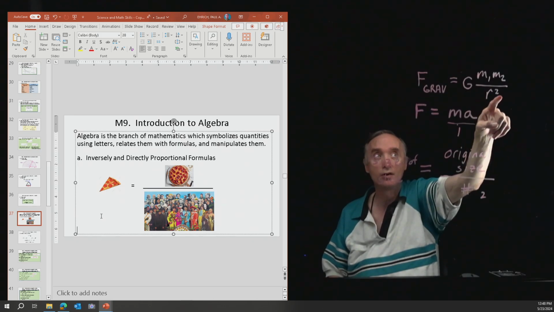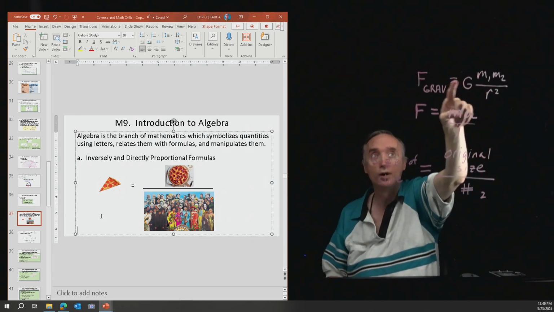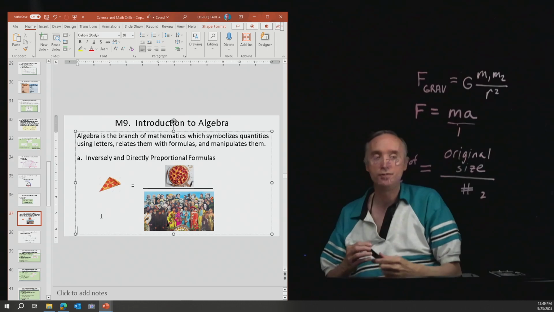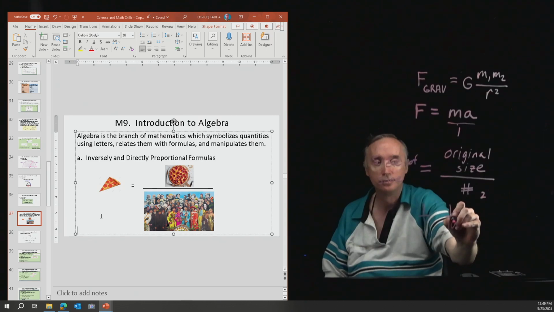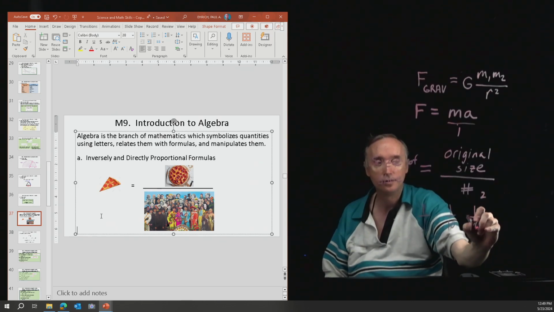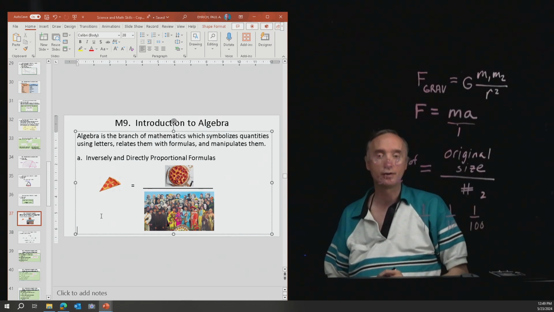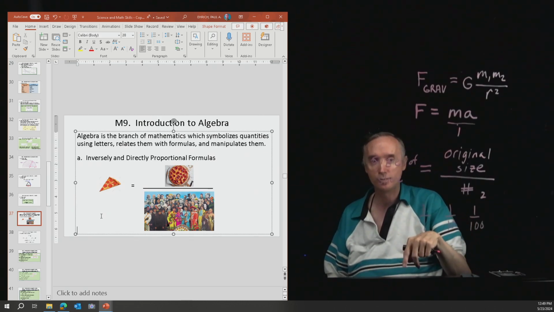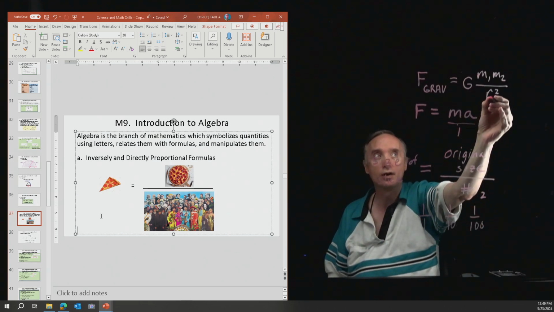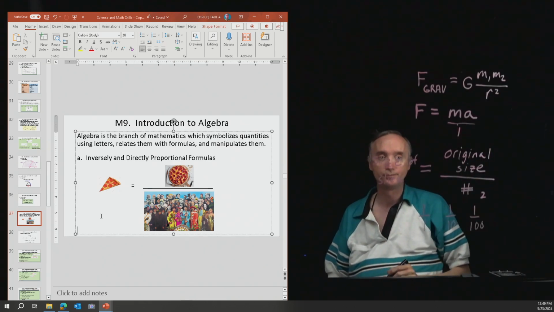So as the r gets big, what comes out gets small. Now you can test this with a calculator. So do a 1 divided by a 1, do a 1 divided by a 10, do a 1 divided by 100. And you notice as these numbers in the bottom get bigger, then the number that your calculator is spitting out is getting smaller. So with respect to r, it's going to be inversely proportional.